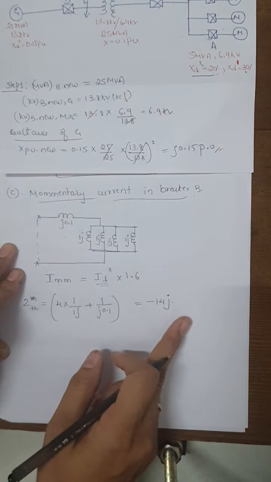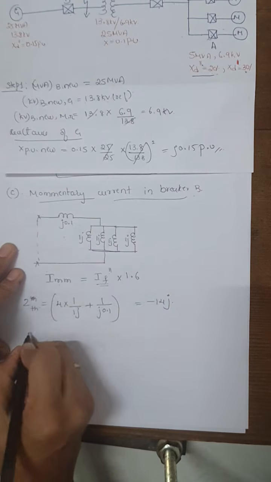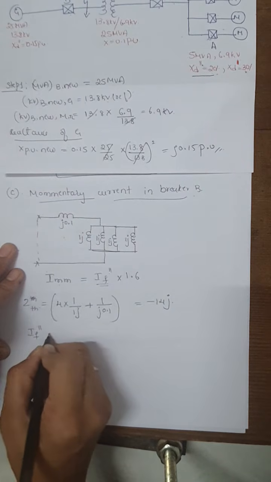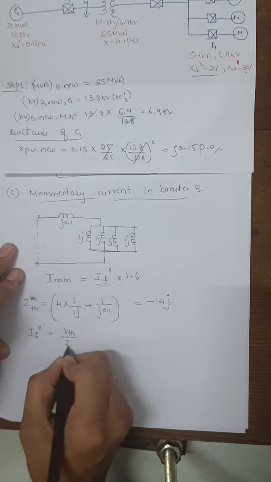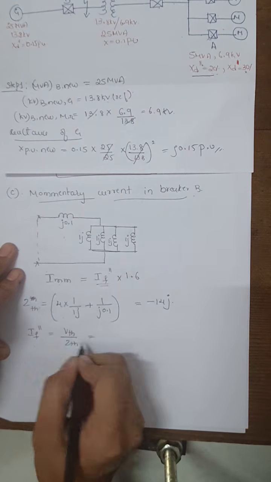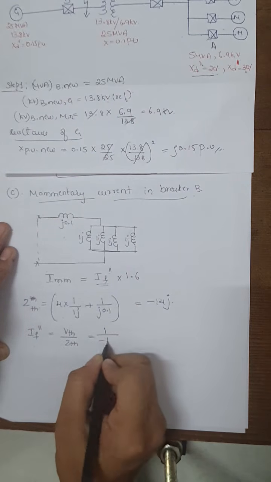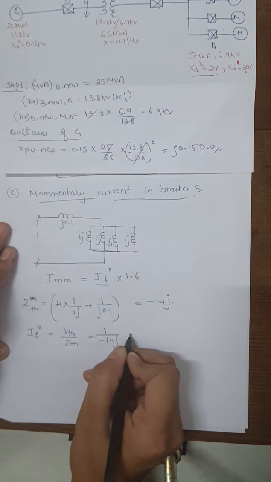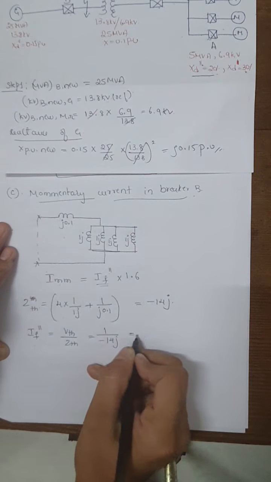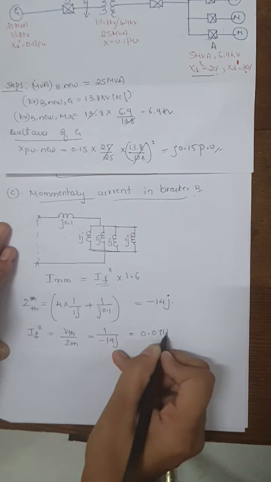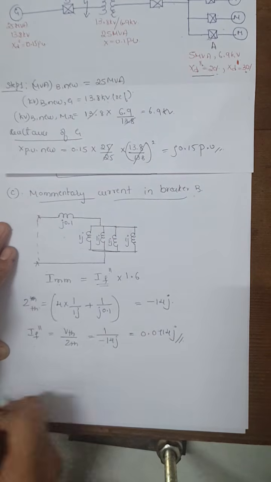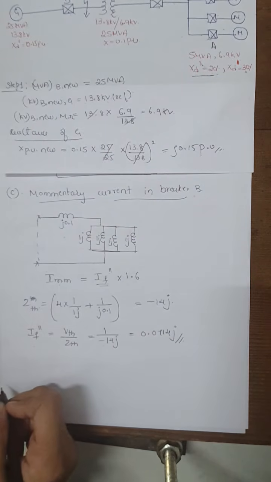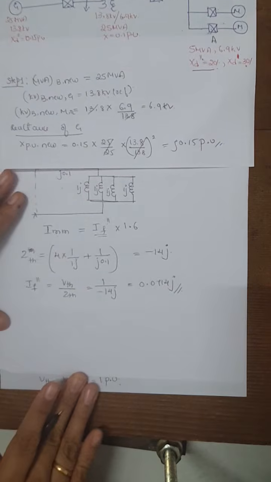Now substitute this answer in the fault current formula, that is IF double dash is equal to VTH by ZTH. Here also VTH will be equal to 1. So you will get the answer as 0.0714 J.